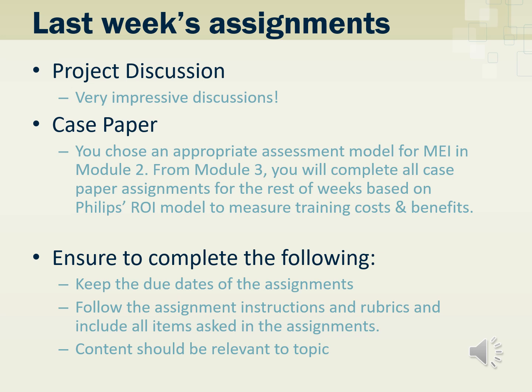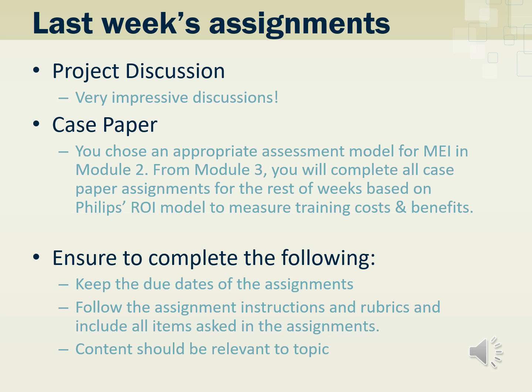In previous classes, I noticed that a few students got confused and completed their work using other models instead of the Phillips model. Please forget about the model you chose in Module 2 if it's not Phillips ROI.